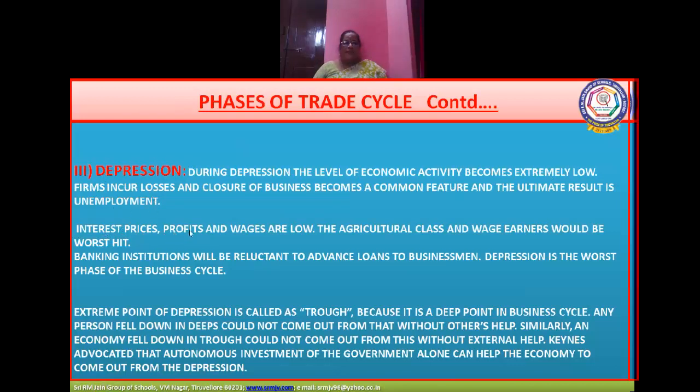Interest, prices, profits, wages are low. The agricultural class and the wage earners would be worst hit. Banking institutions will be reluctant to advance loans to businessmen. Depression is the worst phase of the business cycle.